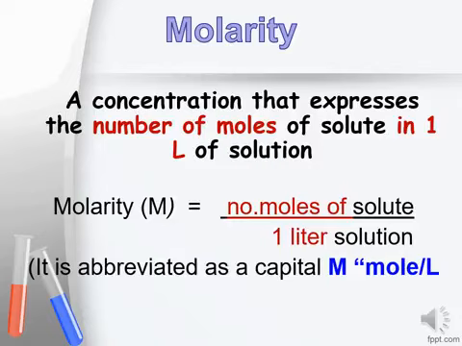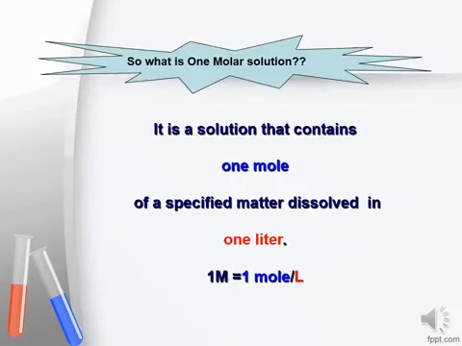It can be expressed in capital M or mole per liter. What about a 1 molar solution? A 1 molar solution is a solution that contains 1 mole of solute dissolved in 1 liter of solution.